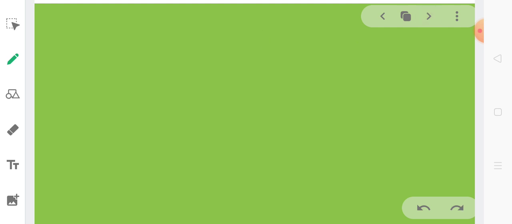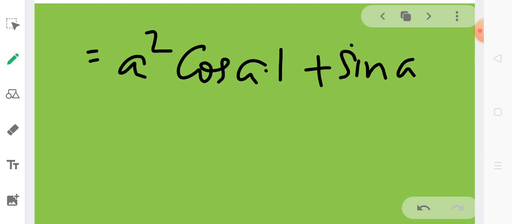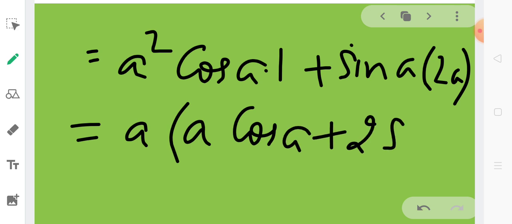So on putting h equal to 0 you will get, now you can take out a as common. So in this manner we can solve the limit.